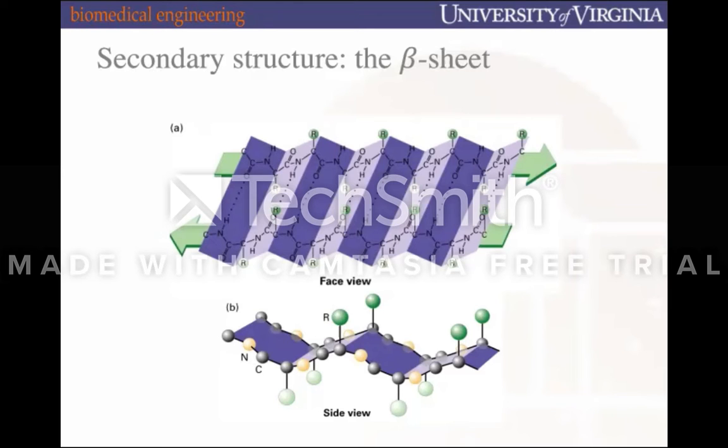When we were looking at the alpha helices, the side groups were all sticking outside. But with the beta sheet, you can see the side chains, denoted by the R, go up and down, up and down, up and down across the peptide. This creates a bit of a corrugated structure that is what makes up the beta sheet.